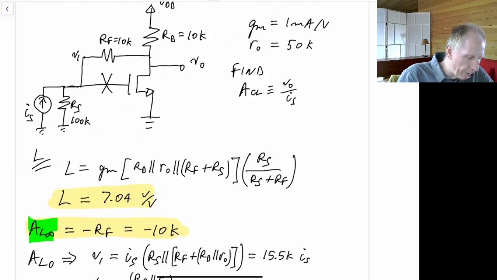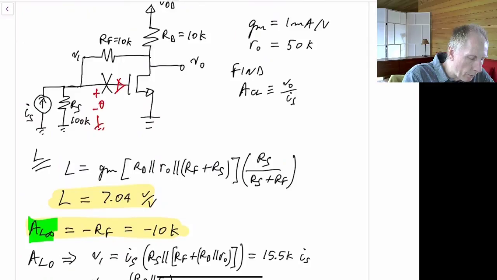For A sub L infinity, once again, we're making the gain go to infinity by inserting an amplifier at this node, so an ideal amplifier, effectively, that goes to a gain of infinity. If that's true, then the voltage at this node, the amplifier is over here, will go to 0 volts.